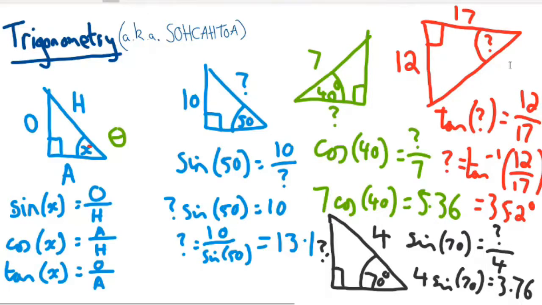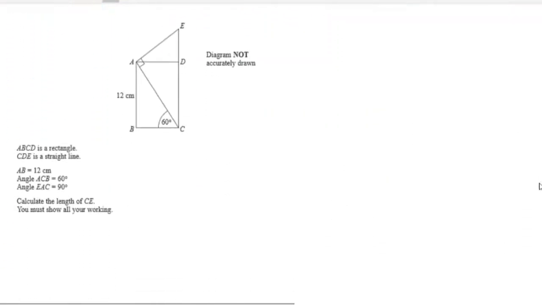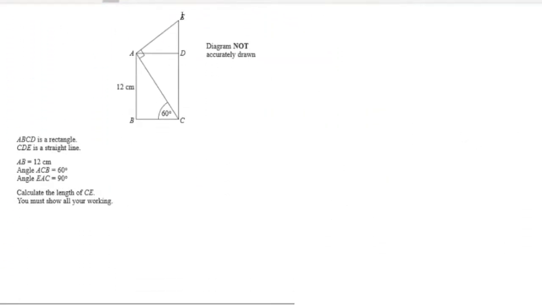Okay, well, now that we've covered the main principles of trigonometry at this stage, let's move on to an actual example of a question. As we can see here, it's slightly more complicated than what we've been dealing with, but it's still just made up of these right angle triangles with some angles and some sides. So it's still just going to be working on what we've been doing thus far.